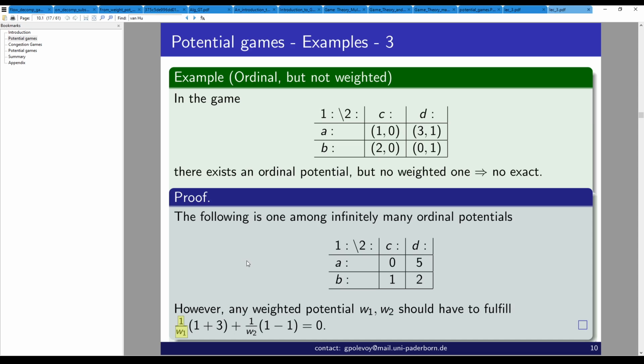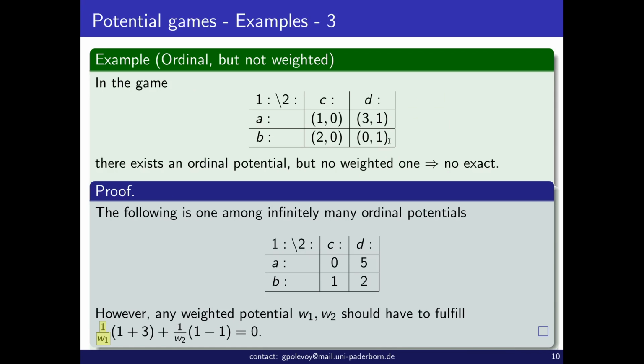But we are looking at other changes too. So what happens when the second player, the column player, changes from BC to BD? When that happens, the utility of the column player strictly increases from 0 to 1.